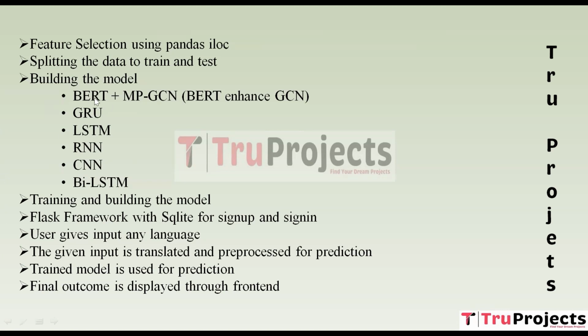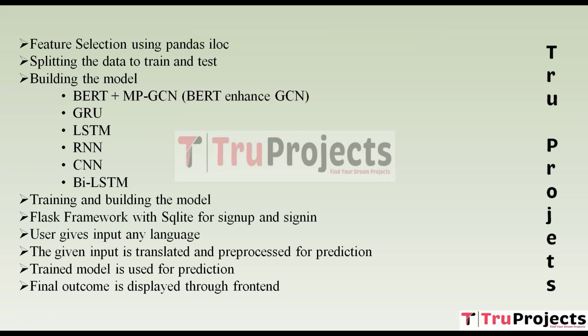The first one is BERT plus MP-GCN. This module combines two powerful techniques for text classification. BERT, Bidirectional Encoder Representations from Transformers, is a pre-trained language model that understands contextual information in text.